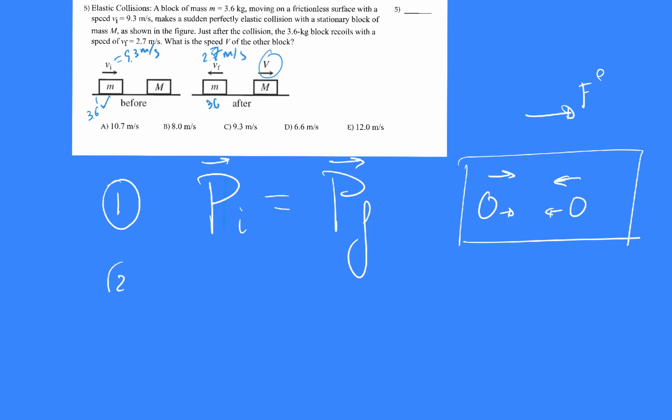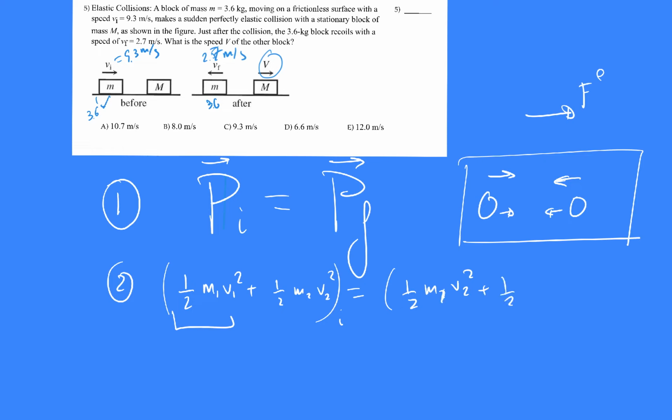The second condition is that in an elastic collision, all the kinetic energy of the two bodies, kinetic energy of the first plus kinetic energy of the second, before the collision, is the same after the collision: 1/2 m1v1 squared plus 1/2 m2v2 squared, final.